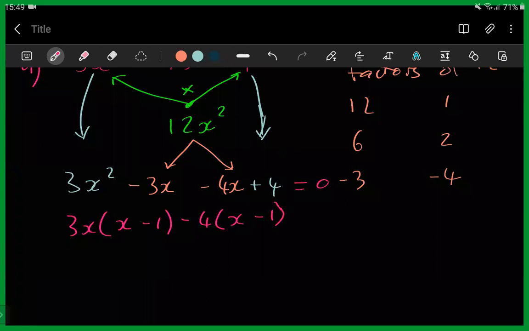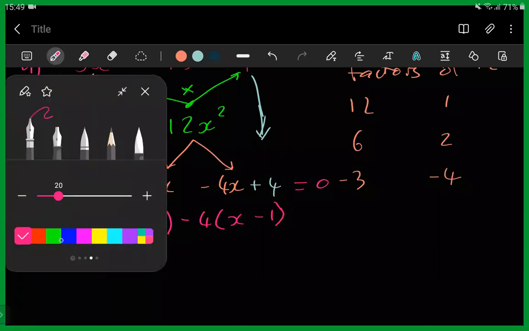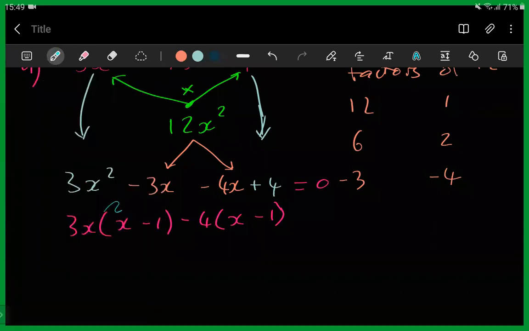And then in this situation, you can see that you have x minus 1 as a common factor. You see that, right? Because this whole thing is pasted together.